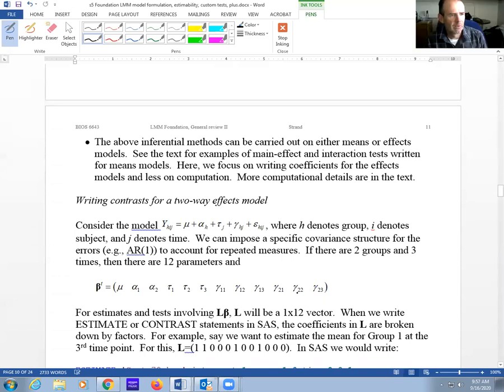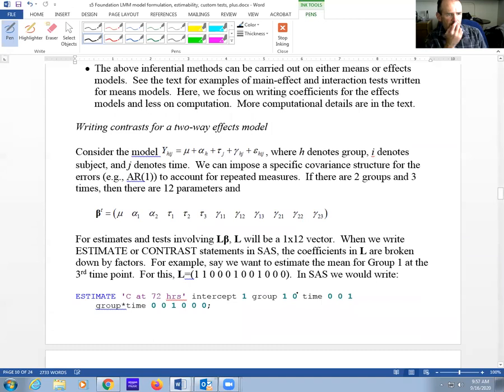It gets tired. So as far as writing tests, let's consider a two-way effects model. Kind of like what I'd written before.